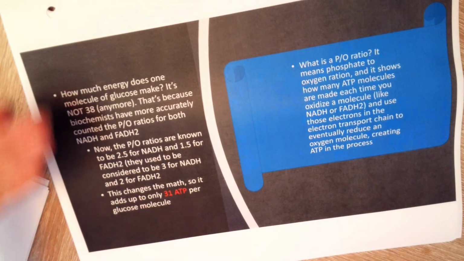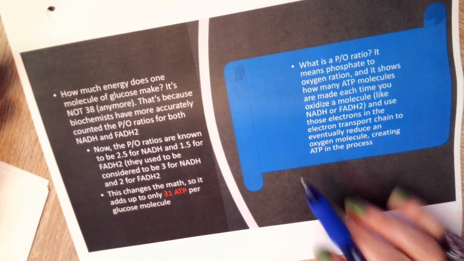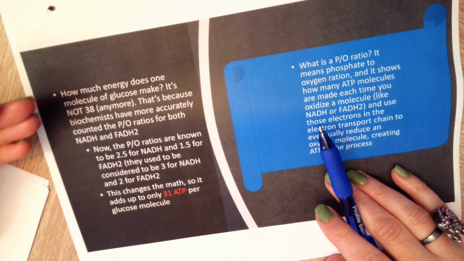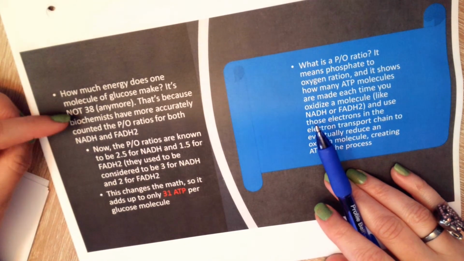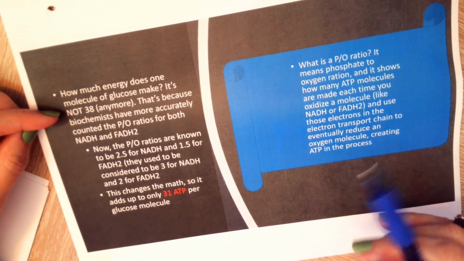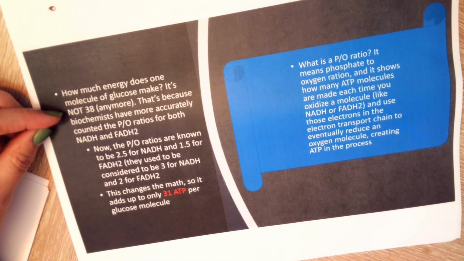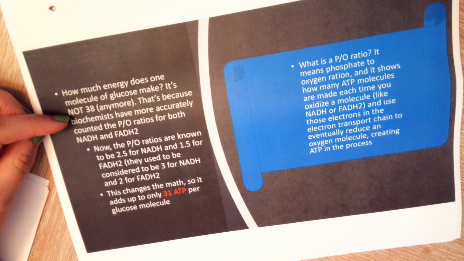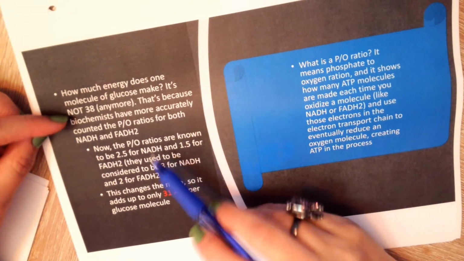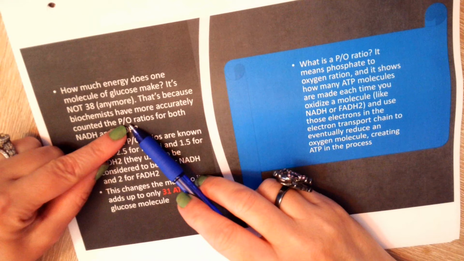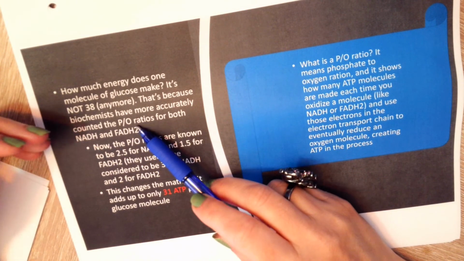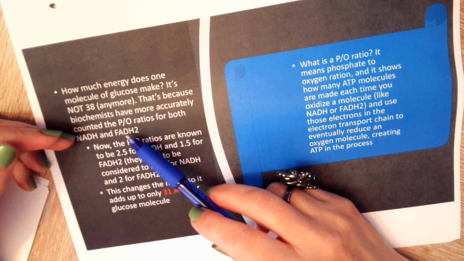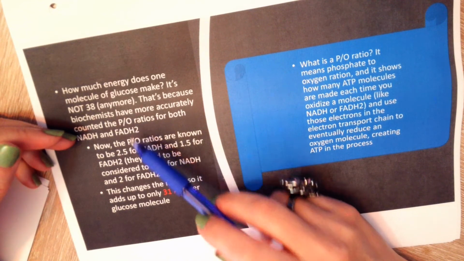Okay, so we need to look at how much energy each molecule of glucose yields. The old way of teaching this was to just say 38, and that is what everybody used to think. But that has been refined a little bit, fine-tuned, made more accurate because of something called a PO ratio that has been corrected for NADH and for FADH2.